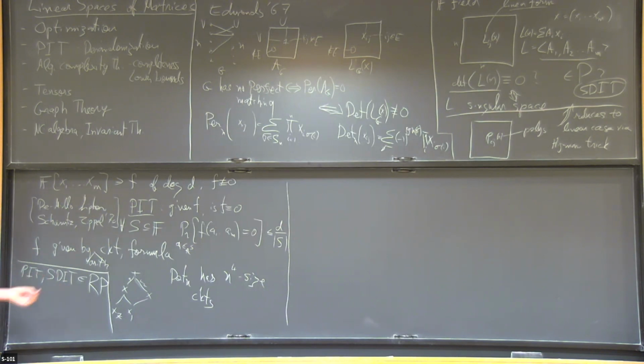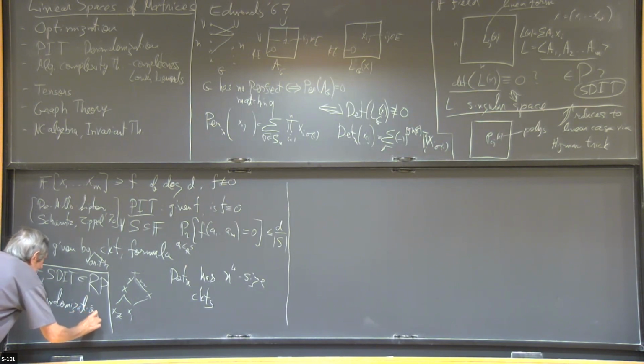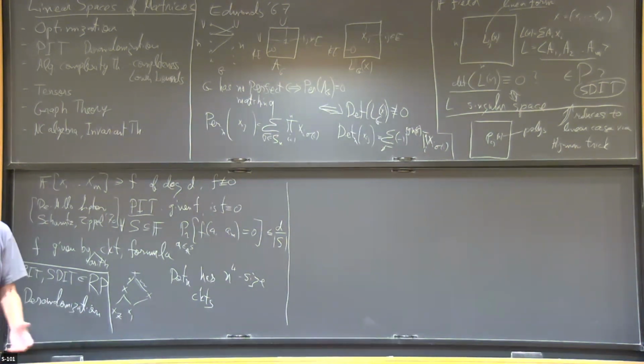So the question of whether there is a deterministic polynomial time algorithm is a de-randomization question. And that's definitely one of my major attractions. The general task of de-randomization is to take probabilistic algorithms and remove the randomness, make them deterministic.